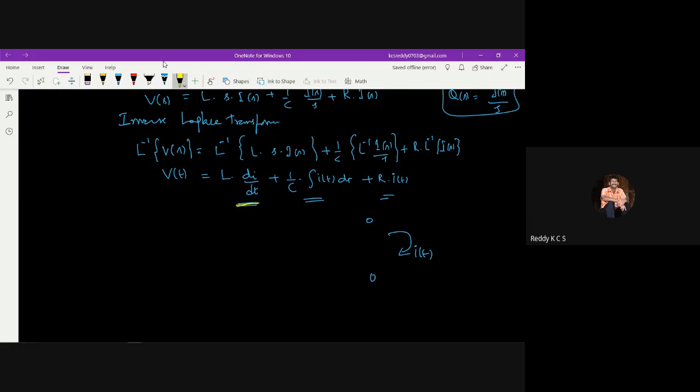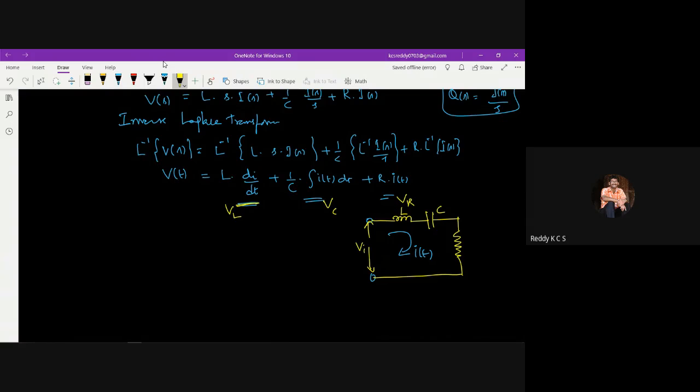This is the voltage through inductance, this is the voltage through capacitance, and this is the voltage through resistance. Here I am applying the input voltage to the electrical network, and first is the inductance, then we can write the capacitance, then the resistance, connected like this. So this is how we can represent it.